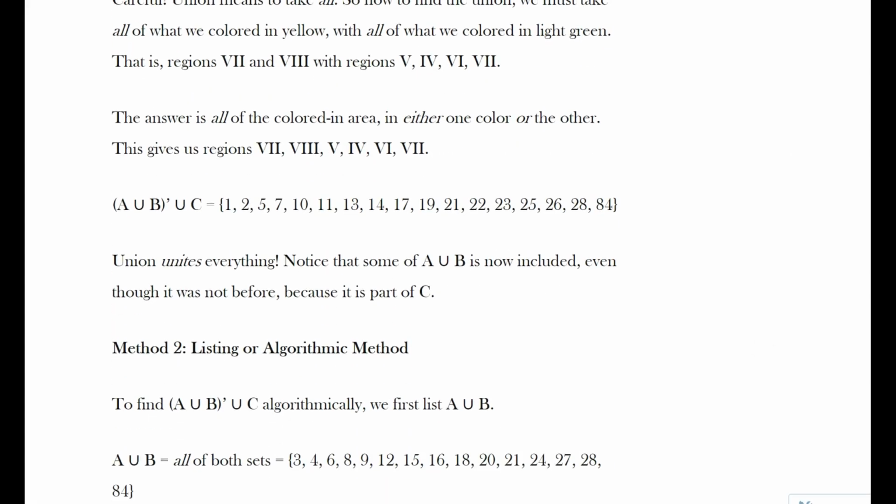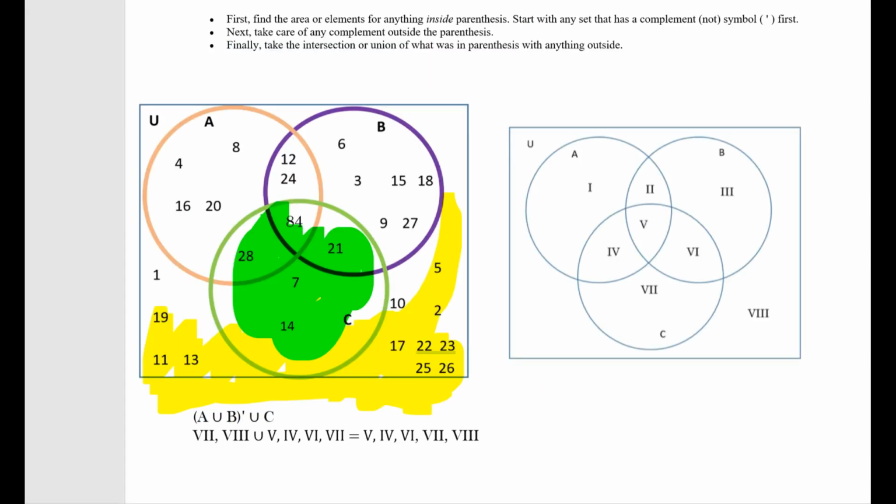So we can go over here and check if we were right. See this long list? Oh, I forgot 84, didn't I? I think I said it. Anyway, when you do union, you end up with a huge list. And notice that your huge list will now include these 3 numbers that are in A union B. I know it says A union B complement, so we took out those numbers, but we put them back in because they're in C.